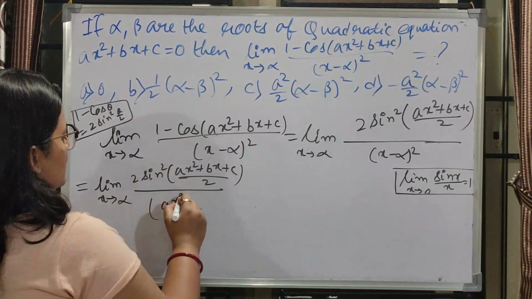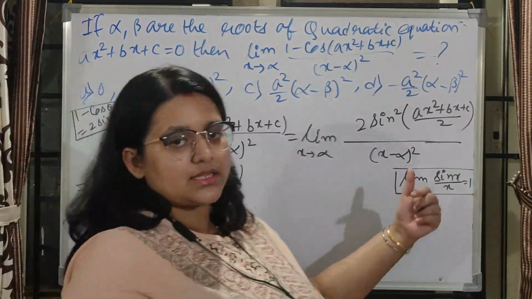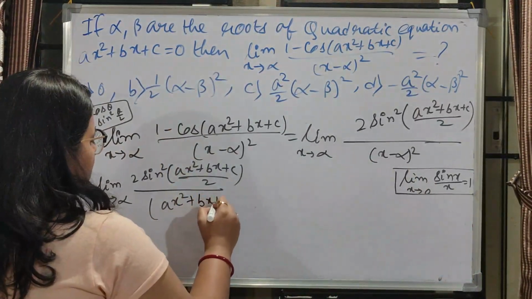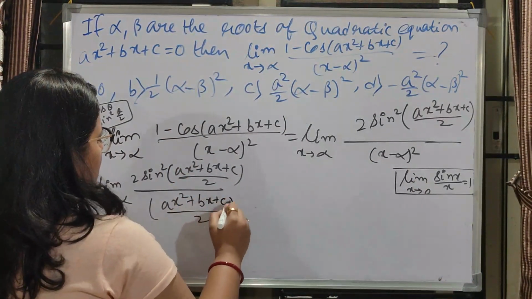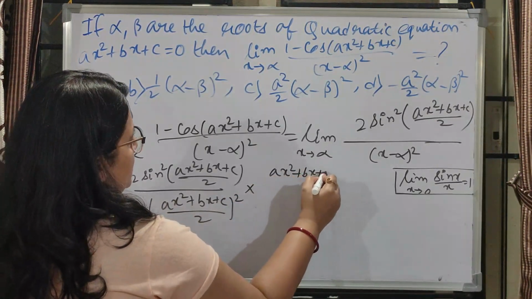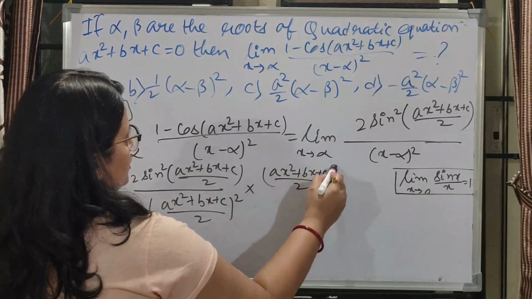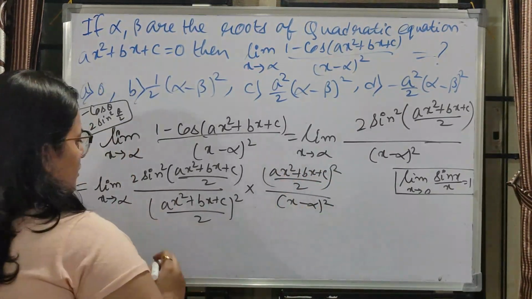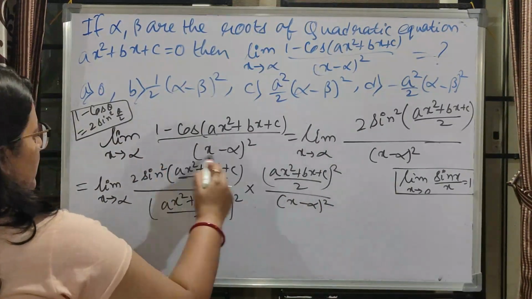Here sin square is there, so we need (sin x upon x) whole square. So that's what we'll multiply here, dividing by (ax square plus bx plus c by 2) whole square, into (ax square plus bx plus c by 2) whole square upon (x minus alpha) square. So this value will give 1.